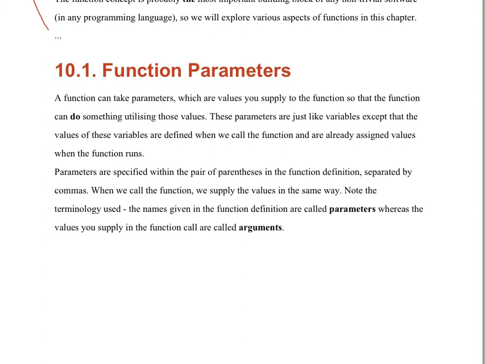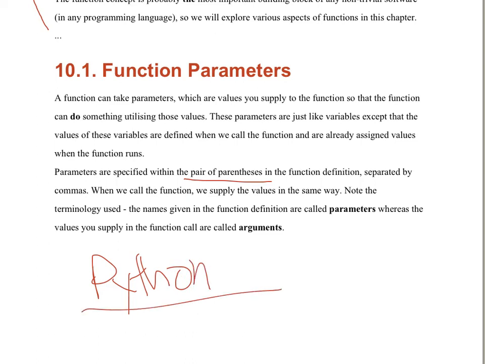I thought they gave a nice definition: parameters are specified within a pair of parentheses. This is now using Python. Right from A Byte of Python: the names given within the pair of parentheses are called parameters, whereas the values are the arguments.